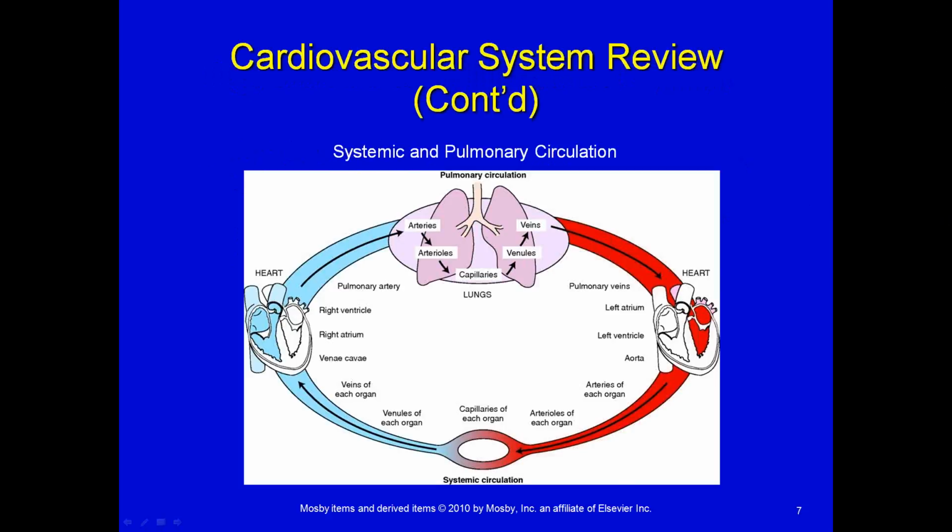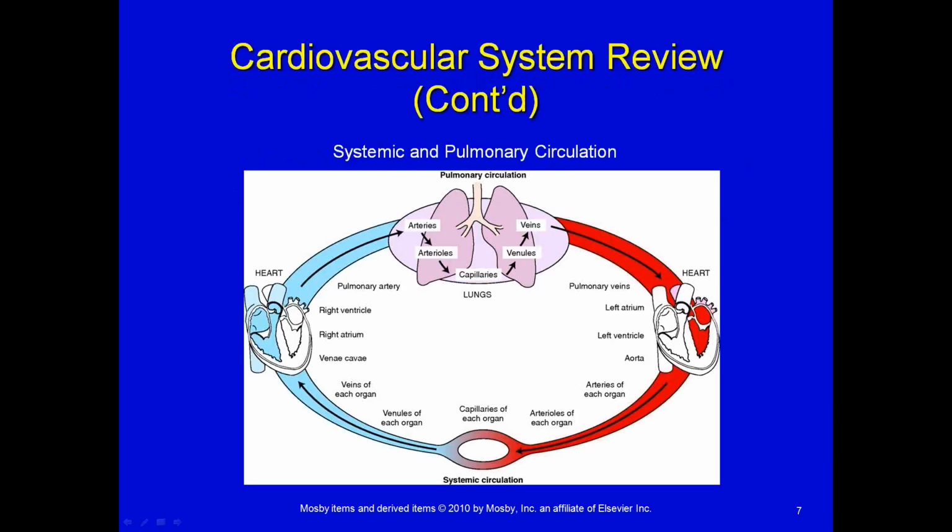Here's, if you will, a schematic or a diagram of your systemic and pulmonary circulation, where the venules of each organ, and the veins from each organ dump their oxygen poor blood into the venous side, and through the superior and inferior vena cava, they end up in that right atrium, in the right ventricle.